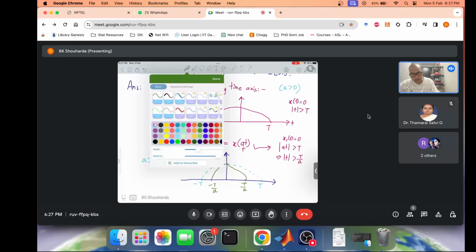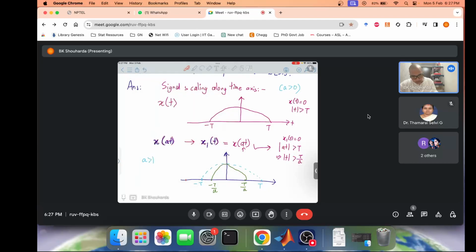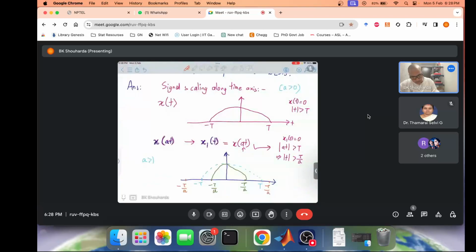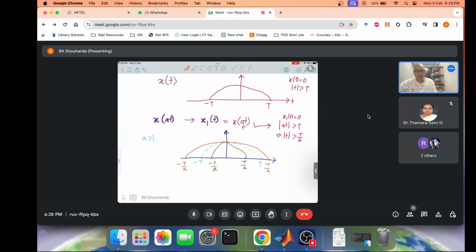And now if a is less than 1, then our signal stretches more. So it moves out. As you can see, the signal has stretched out.